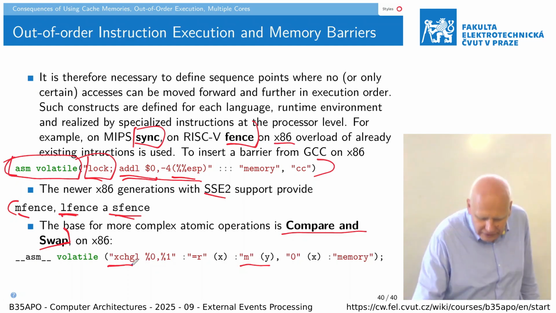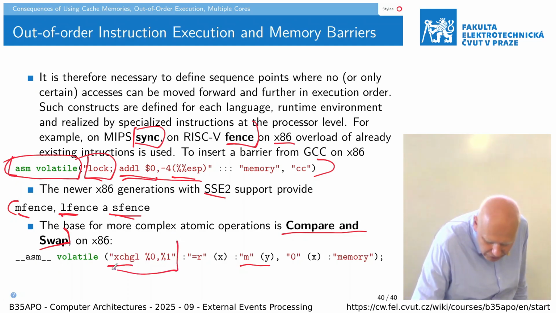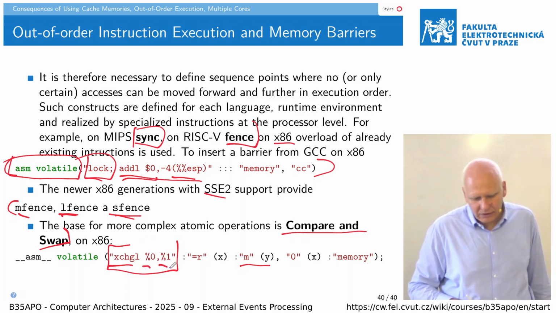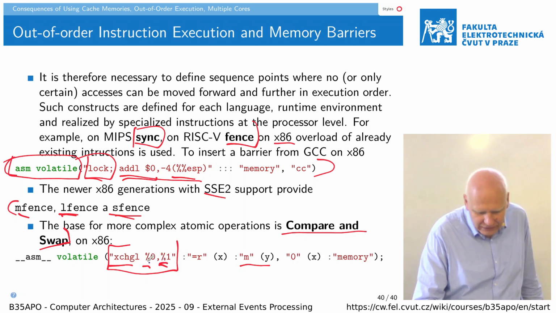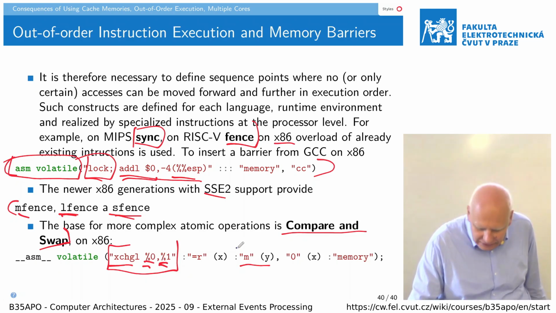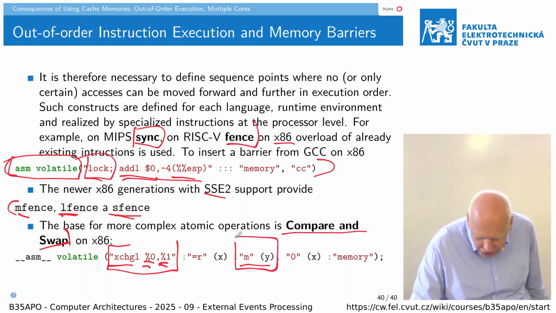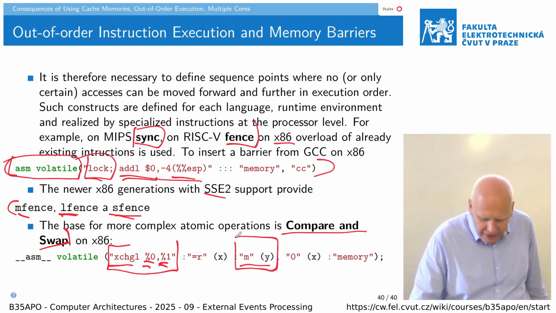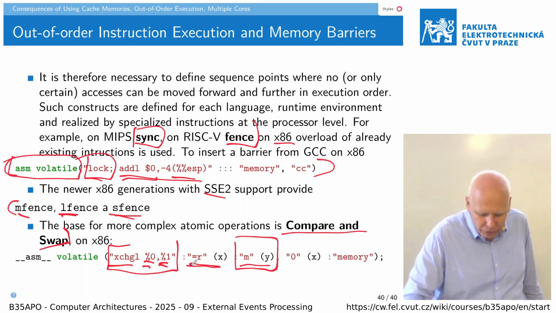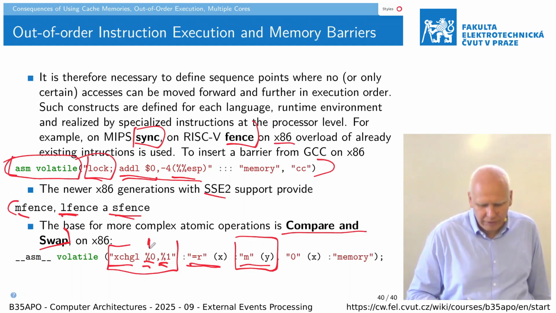In this case, we want to execute this instruction where its operands are replaced, in this case this by a location somewhere in the memory, and this by a register which will hold the previous value at that location in the memory.